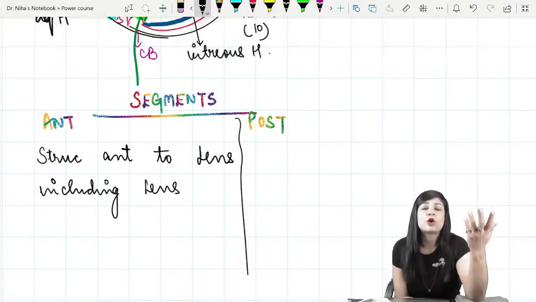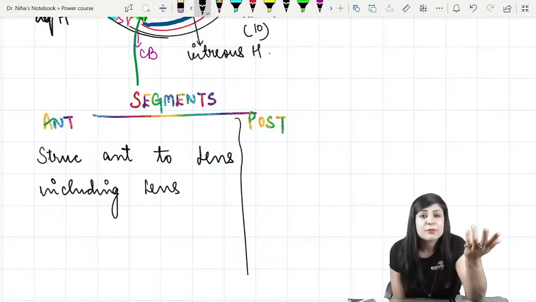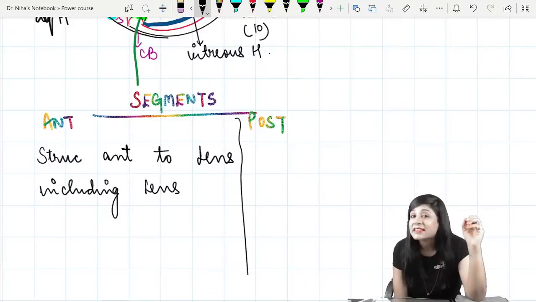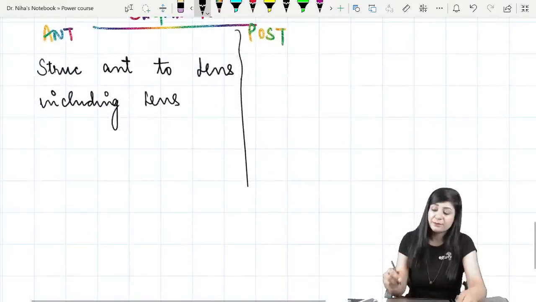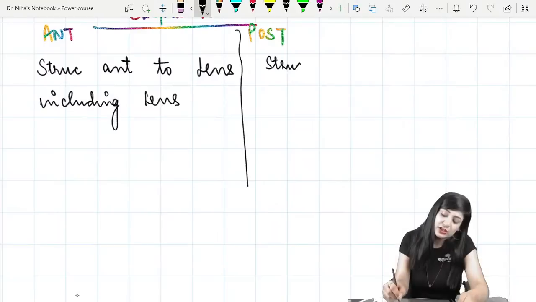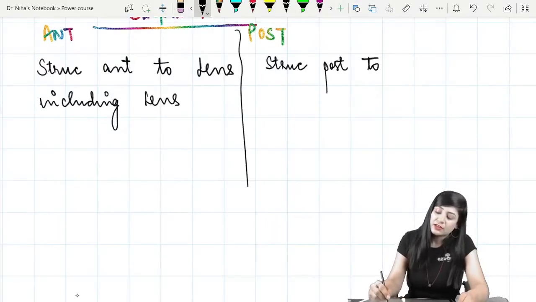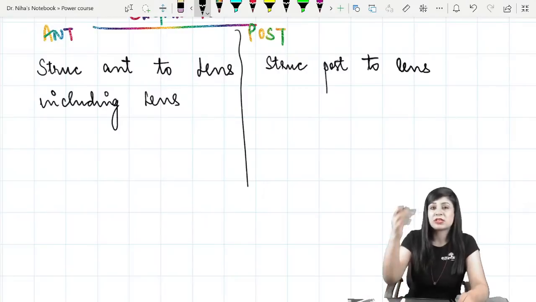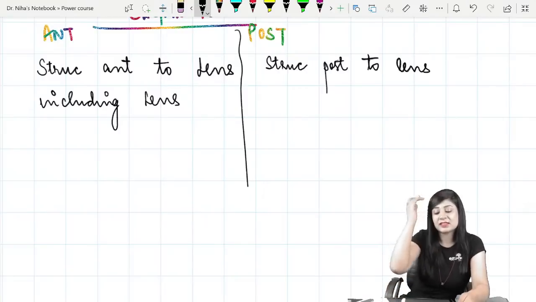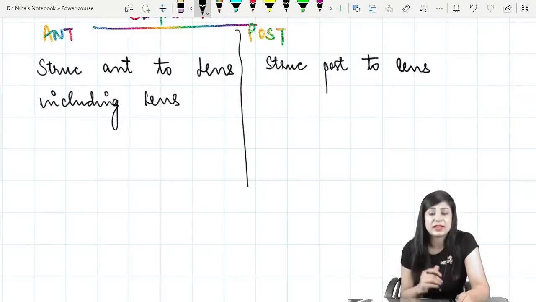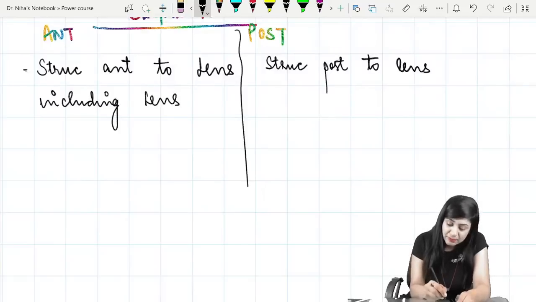So when I am talking about cornea, iris, ciliary body, all these are anterior segment, while the structures posterior to the lens all form the posterior segment. Now this anterior segment contains the aqueous humor.